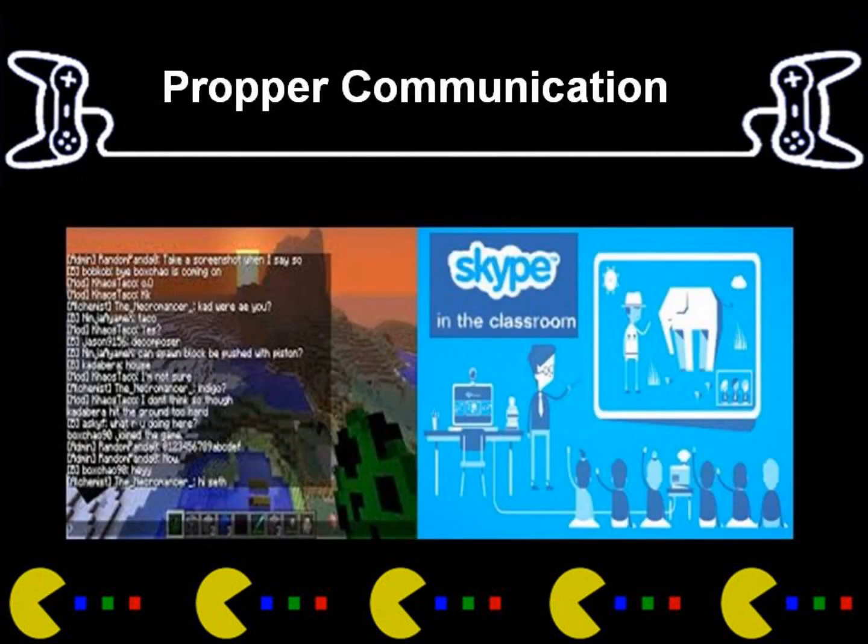Proper communication. With Minecraft, I have a team working, and this goal needs a good level of communication for everybody, a good degree of understanding, so they can achieve what they want to achieve.